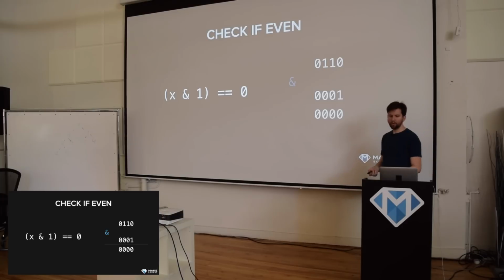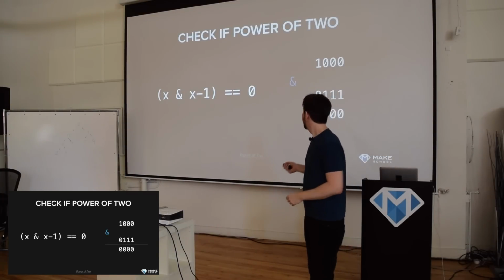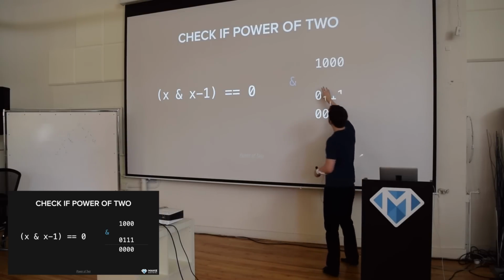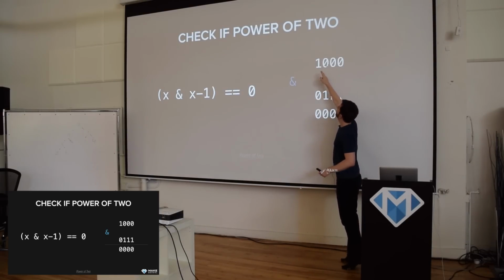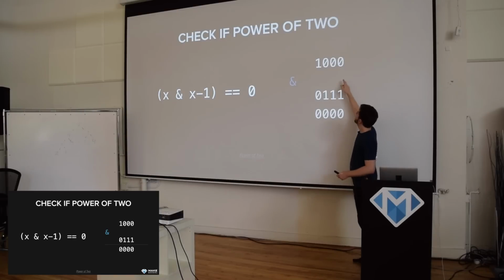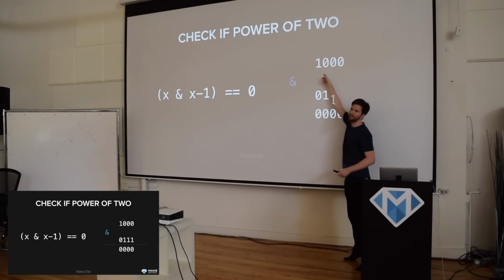Okay, so what if we want to check if a number is a power of 2? This one's a little tricky, so let's just look at it. A number that's a power of 2 should only have one bit set. For example, if it was 2, then this would be set. If it was 4, then this would be set. This one's 8.